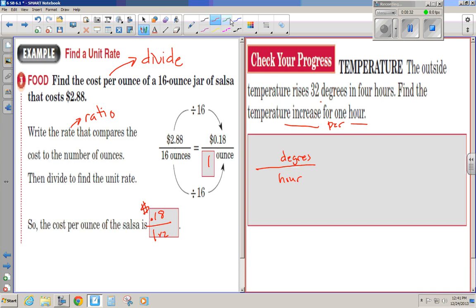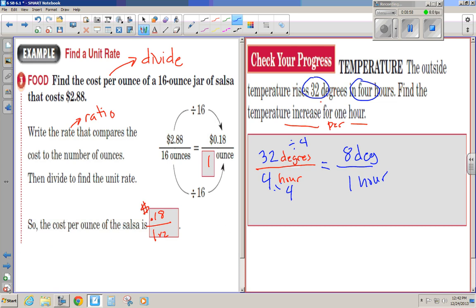In this situation, the number of degrees is 32, and the number of hours is 4. So when you simplify by dividing by 4, you get 8 degrees per 1 hour.